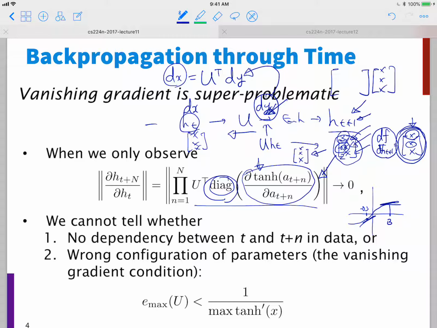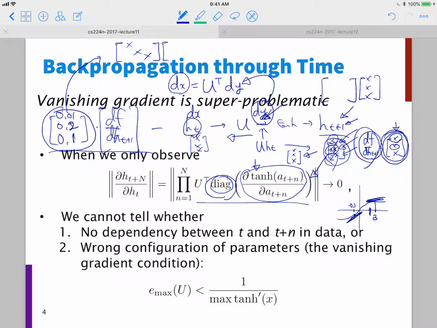And then this guy multiplied with this guy, the ht plus 1 df, which is a three-dimensional vector. So we have to perform element-wise multiplication, right? And that element-wise multiplication can also be represented as this guy, made as a diagonal matrix, and then vector multiplication, right? So that's why we have a diag here.